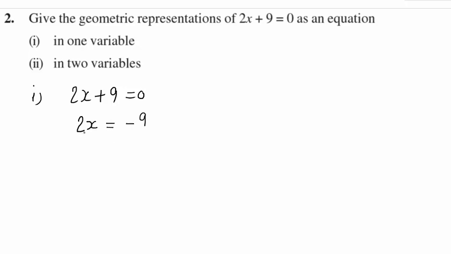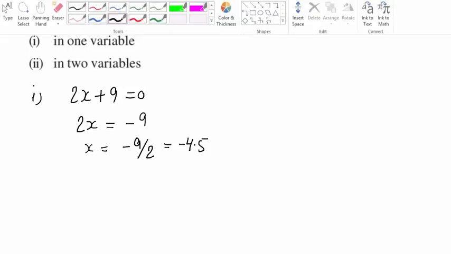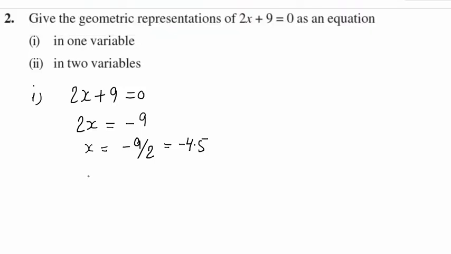Now here 2 is multiplied with x, so on the right hand side it goes in division. So this will be x equals minus 9 by 2 and the value will be minus 4.5. So to represent in one variable, the equation is x equals minus 4.5.